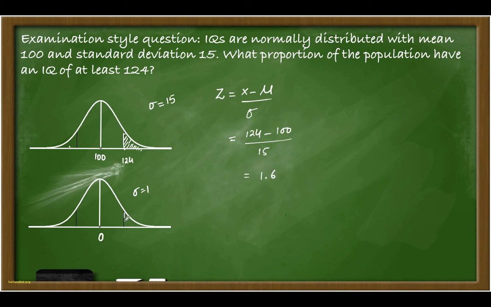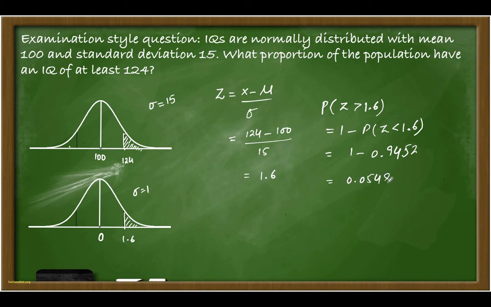So we need to find out the probability that z is greater than 1.6. So the probability that z is greater than 1.6 is the same as 1 minus the probability that z is less than 1.6. So if you use the table here, you get 1 minus 0.9452, which is 0.0548.